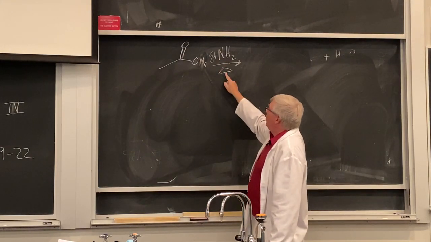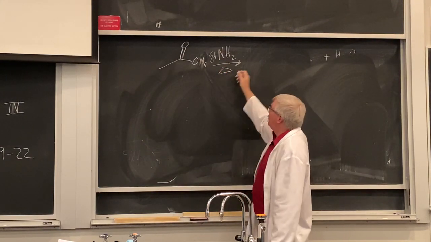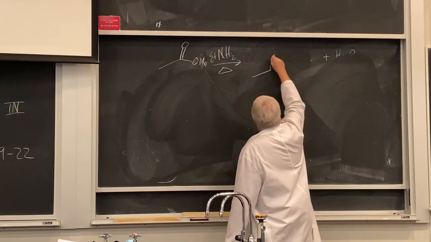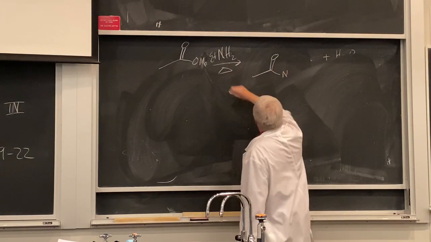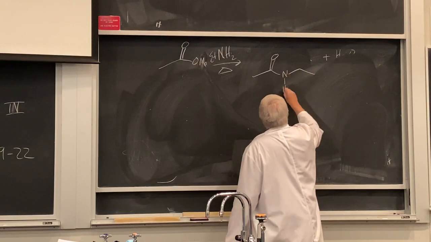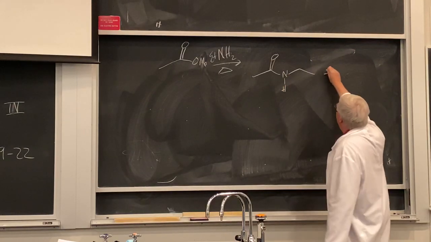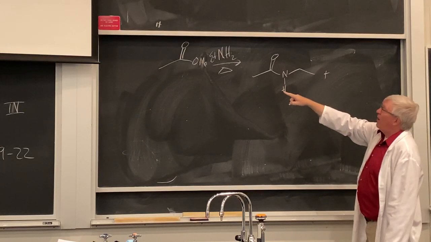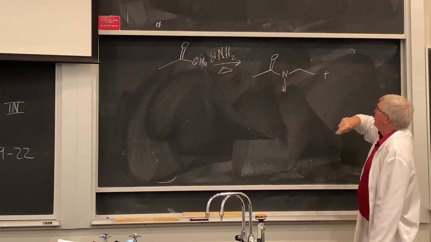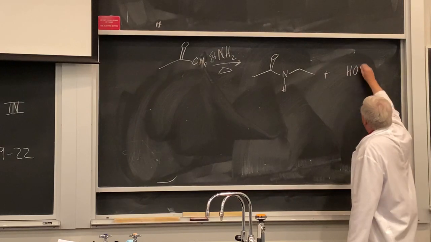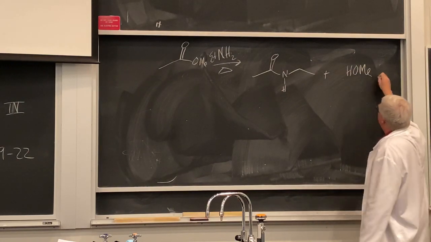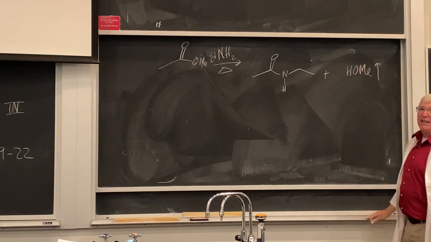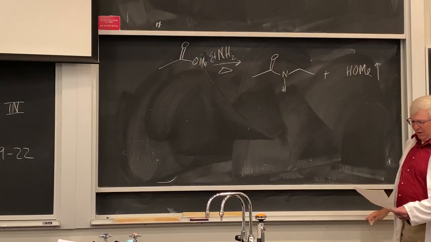Well, a lot of times we do have to heat them up, okay? And it's the same idea here. I'm not going to go through the mechanism, but from ethylamine, we'd form the ethyl amide, and what would be our byproduct here? Where would the OMe, the methoxy group on the ester, end up as? Right, it'll end up as an alcohol. And again, that's volatile enough you can distill that and get this reaction to go quite readily.